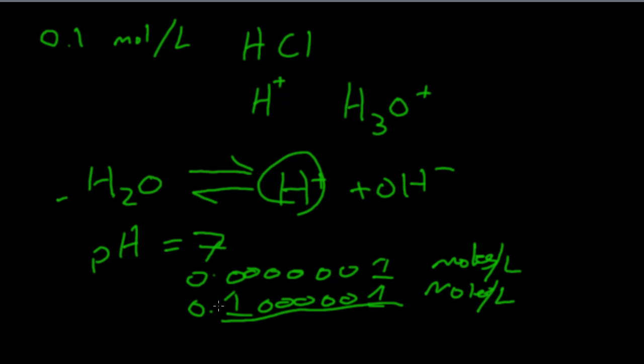Mathematically this number is not very different to 0.1 because we're working on such a completely different scale. What happens is that when we calculate the pH of this, it's the exact same number as the pH of this one. These two numbers are so similar, it doesn't show up on the pH scale. So that's why we ignore the ionized water.